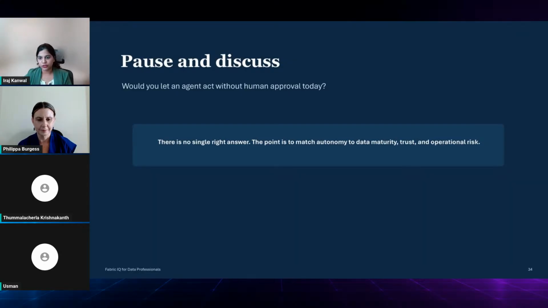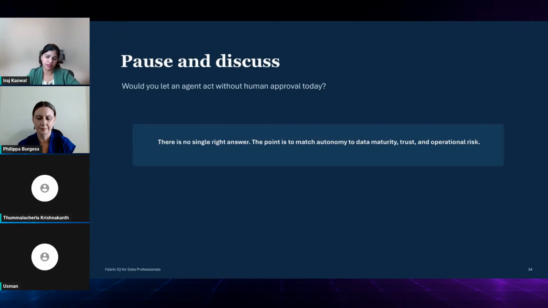But there is no single right answer. A mature environment might allow automatic low-risk actions, for example creating a ticket or sending a notification. A regulated or mission-critical environment may require human approval for anything that changes the operation.